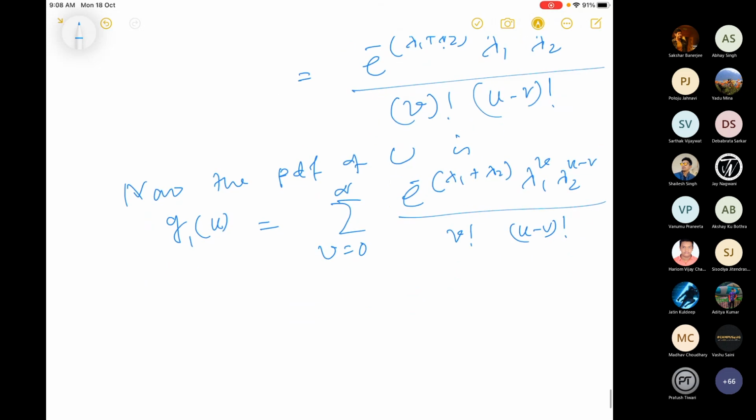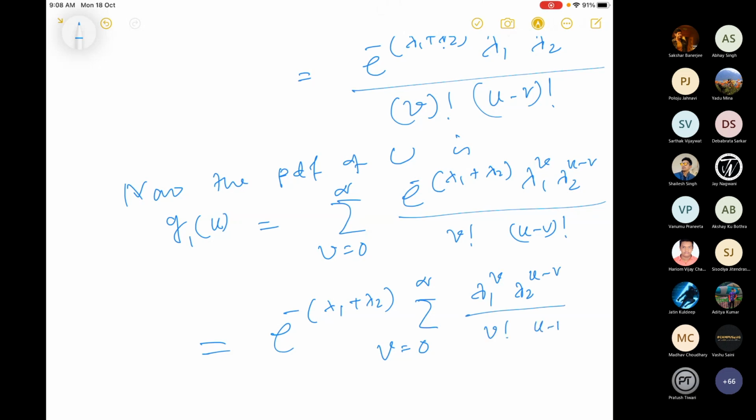Can anyone tell me what this will be? You can take e to the power minus (lambda 1 plus lambda 2) out first of all. This is a series: sum over v equal to 0 to infinity of lambda 1 to the power v, lambda 2 to the power u minus v, over factorial v and u minus v.